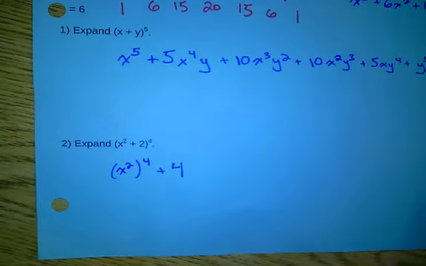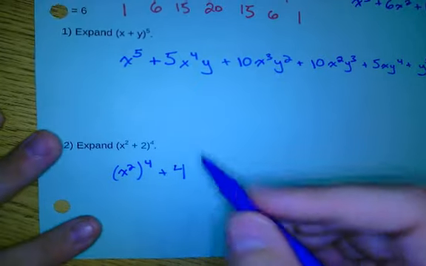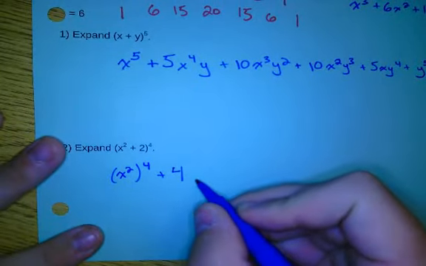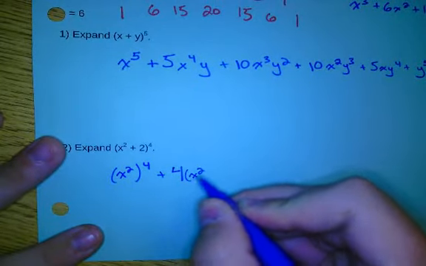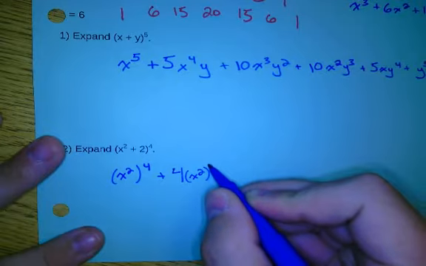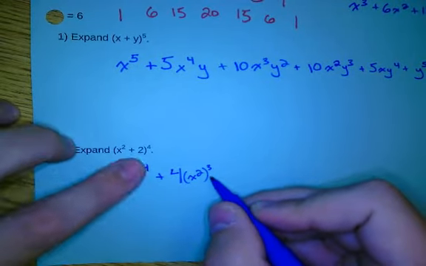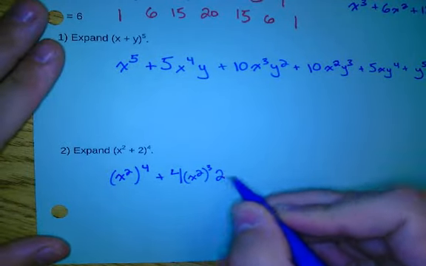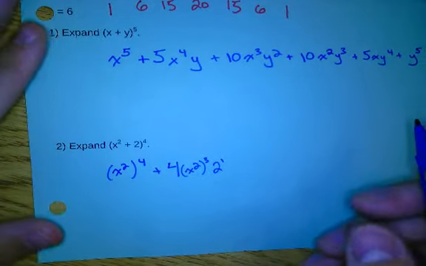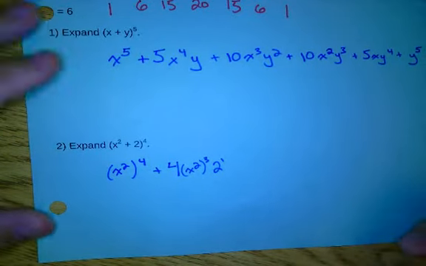This is just x squared to the 4th. I'm not simplifying it yet. I will simplify it, but not right now. Right now I'm just going through the steps of writing out the binomial. And then 4x squared to the... And then 2 to the 1. If you want to write a 1 right there for giggles, go for it. I will, because it's notes.